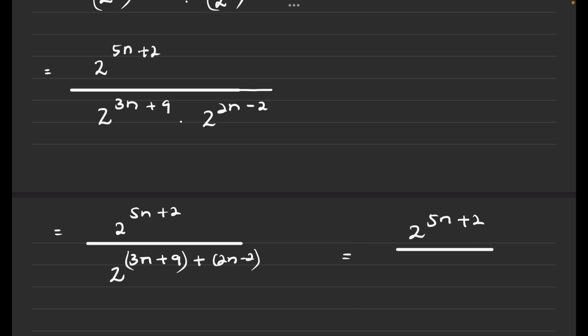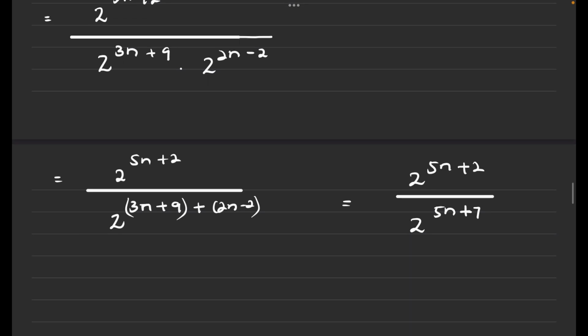I divide everything by 2 to the power. So now it's 3n plus 2n, that is 5n. It's 9 over here, plus minus 2, right? So that is what? Minus, so it's going to be plus 7, right?